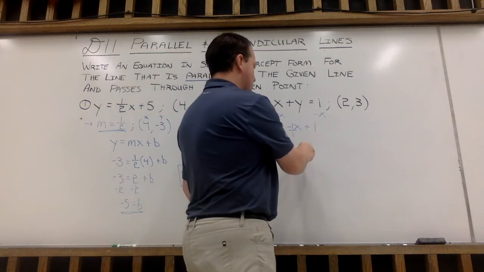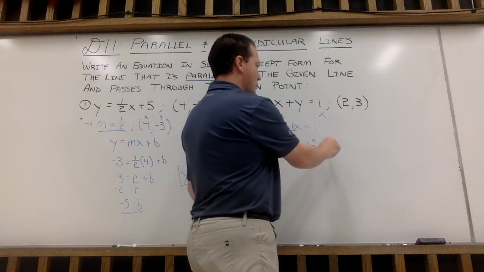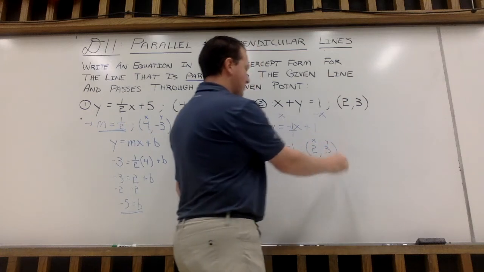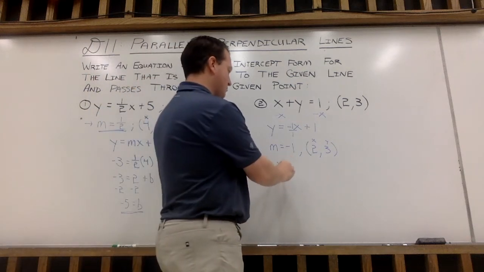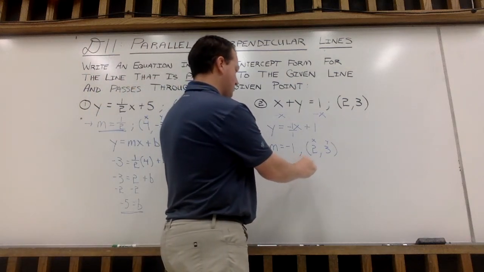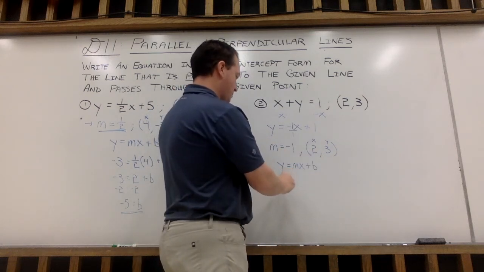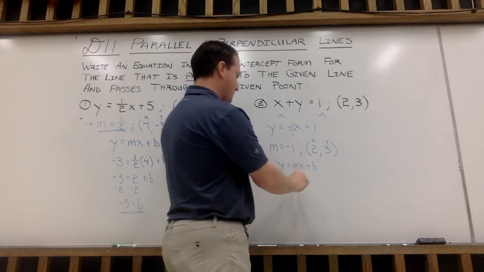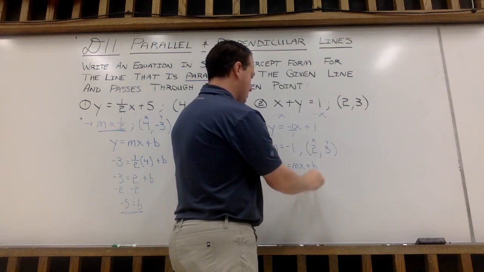And I need to pass through the point x is 2, y is 3. So I'm going to go to y equals mx plus b. I get a y value of 3, m of -1 times x is 2 plus b.